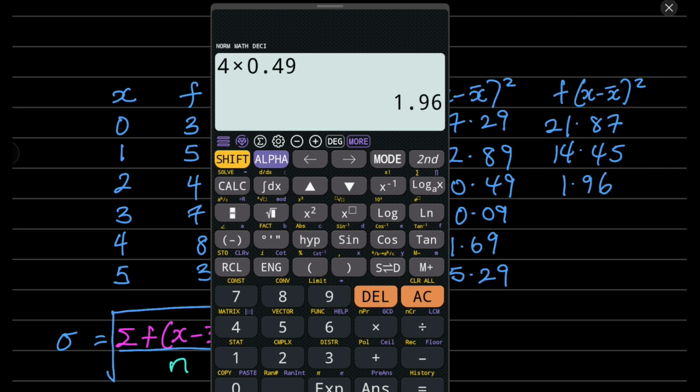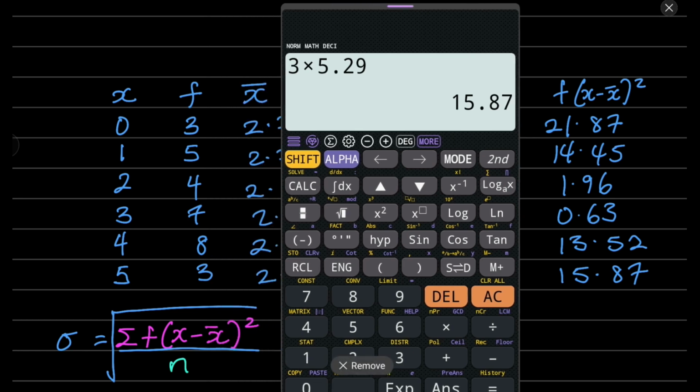Then 7 times 0.09 gives 0.63. Up next, 8 times 1.69 gives 13.52, and finally 3 times 5.29 gives 15.87.